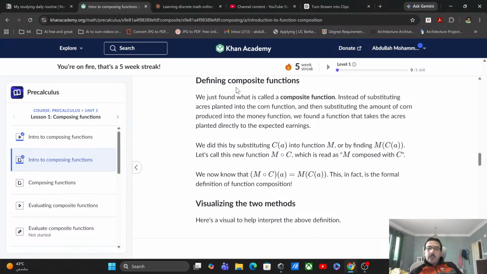Correct. Defining composite functions. We just found what is called a composite function.